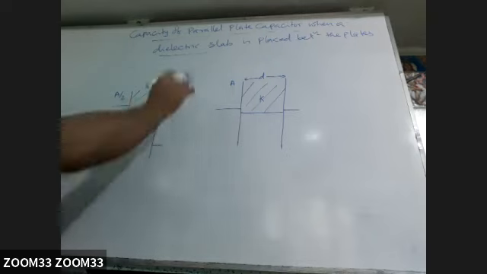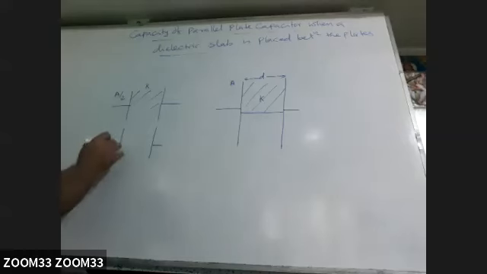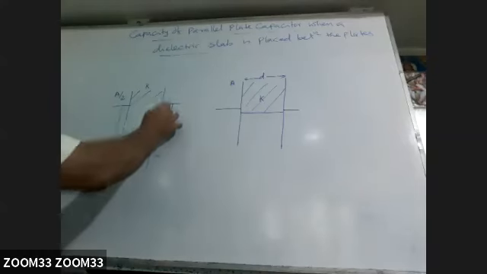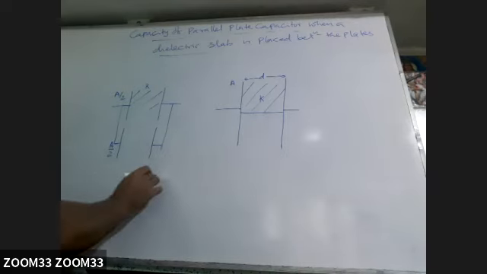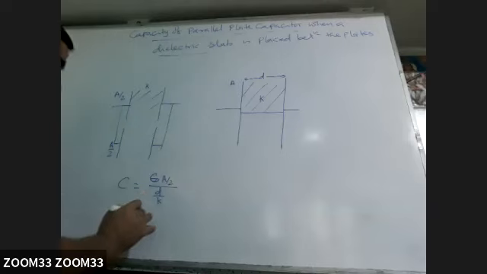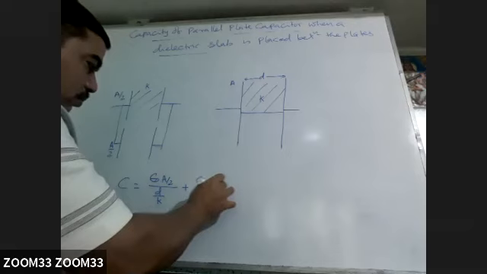Now how are these two connected? Parallel. Metallic plate, so they are connected this way. So what is the equivalent capacity? Epsilon naught A by 2 d by K, plus epsilon naught area A by 2 by d.